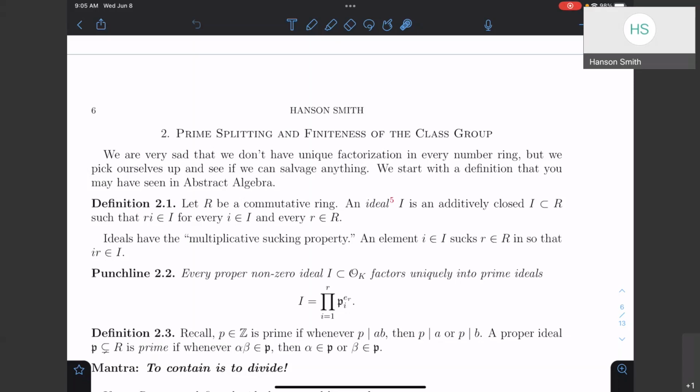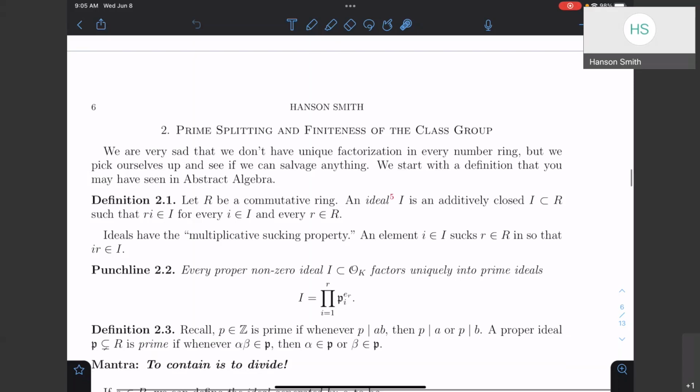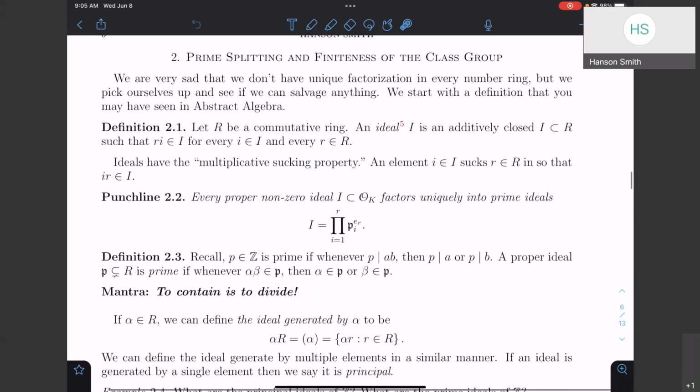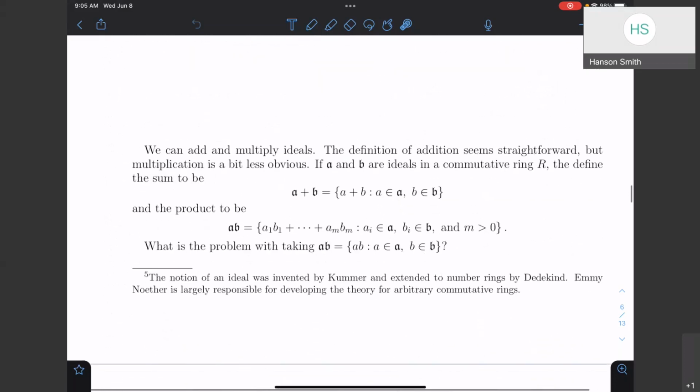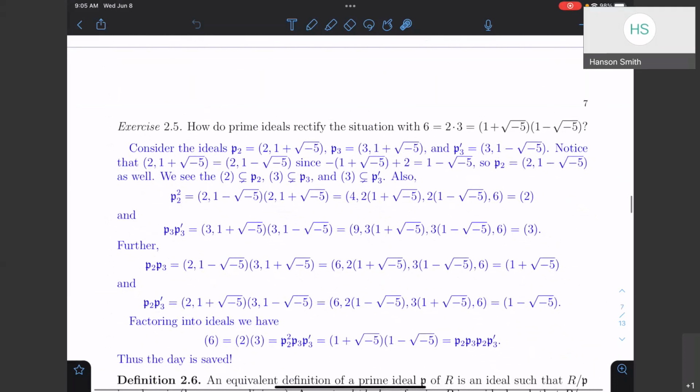And every time you're working with an ideal that is principal and generated by one thing, all the things you expect to happen from divisibility in the integers and so forth happen. And it fixes these problems that we noticed earlier.